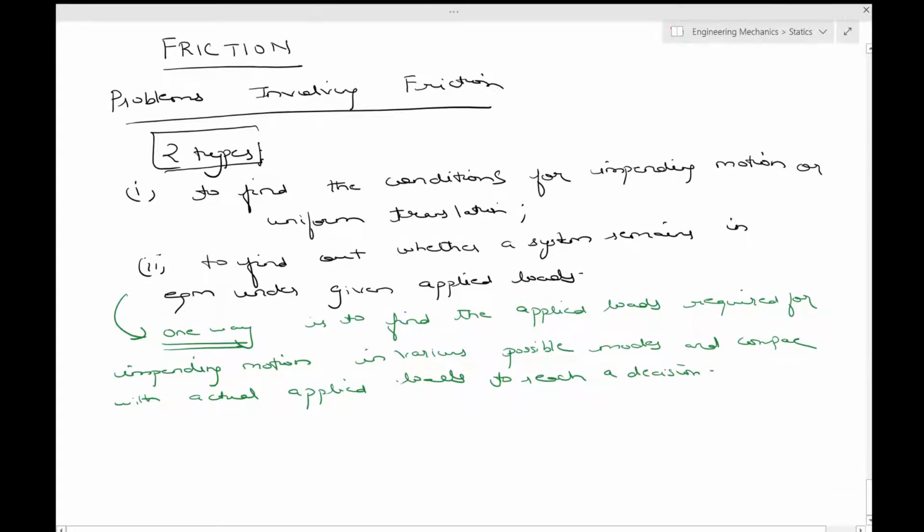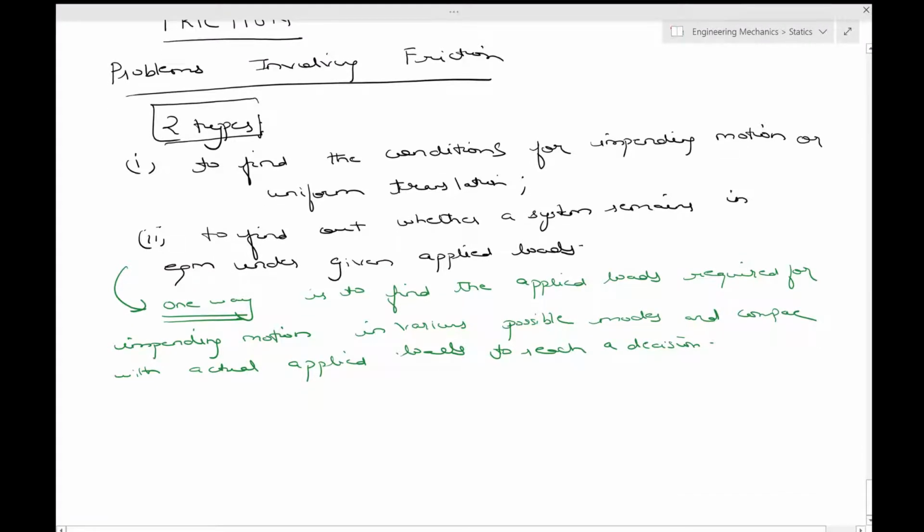This is one way. The other way is you find the value of the parameters, say friction coefficient mu, or the position of a load, for impending motion, and then compare it with the given value to see whether it is actually a case of impending motion or not. And again, just to check whether there is no slip, this can be checked.